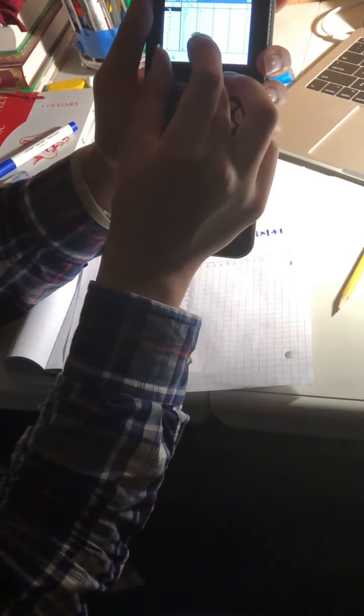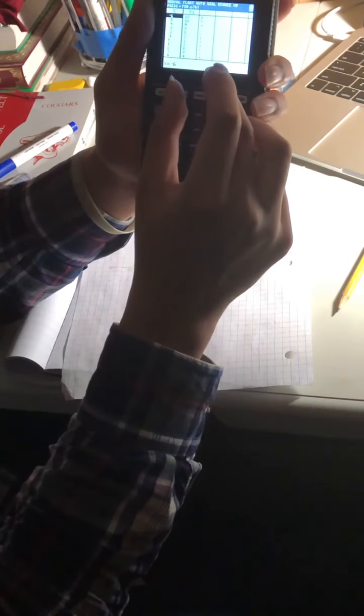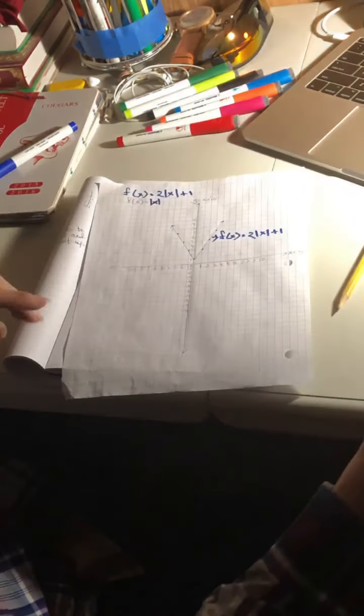My blue one is the 2 absolute value of x plus 1 function, and the red one is the f of x equal to absolute value of x function, the parent function.